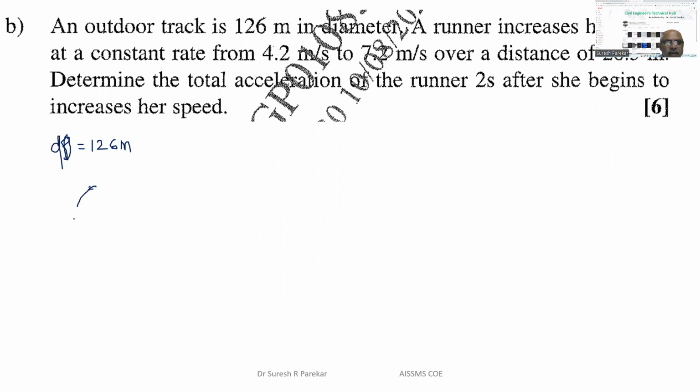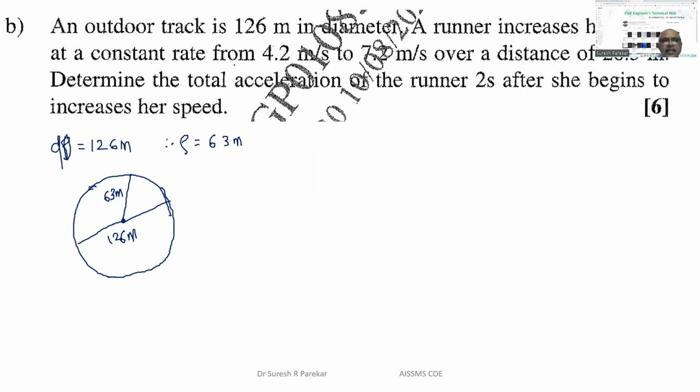The diameter is given, which means that the track is circular. So we have 126 meters as the total diameter. If we find the radius, it is half of this, which is 63 meters. So my value of rho is therefore 63 meters.